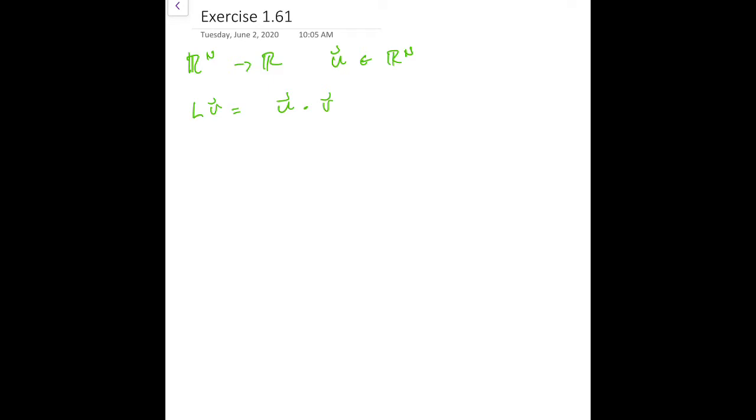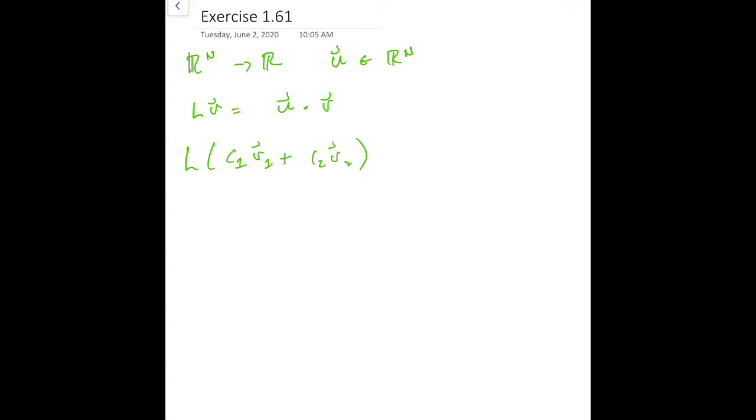Okay, so basically we want to compute the left-hand side and the right-hand side of this equality in the definition of linear transformation. So L applied to C1 V1 plus C2 V2. We need to compute what this is.